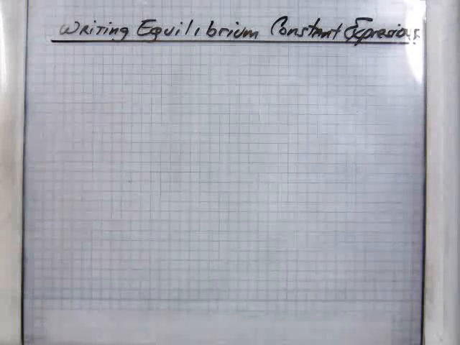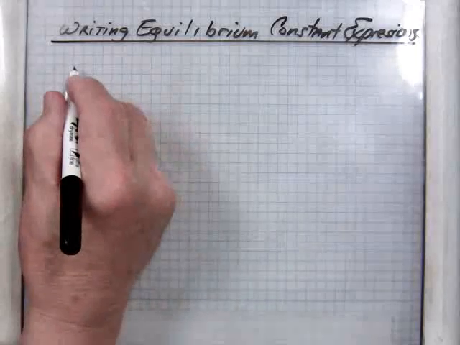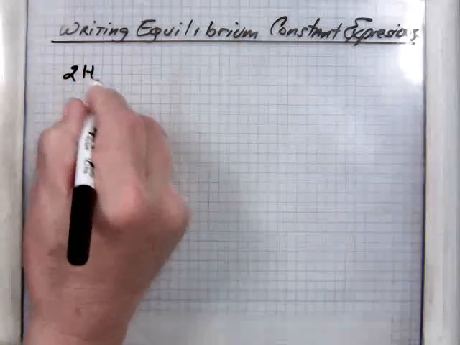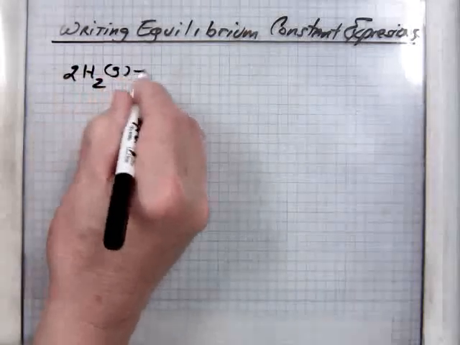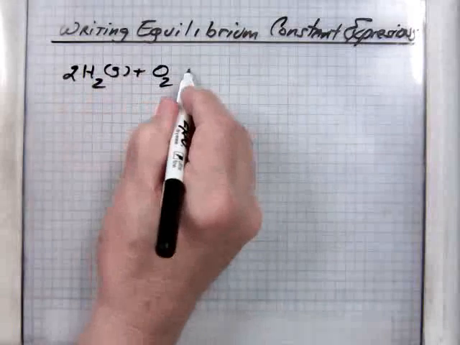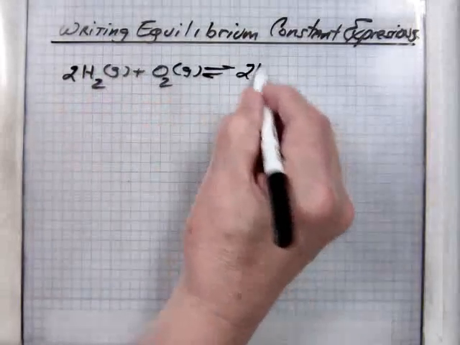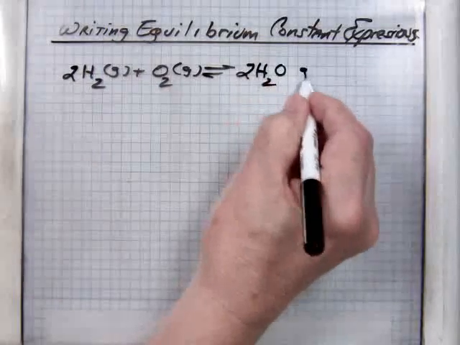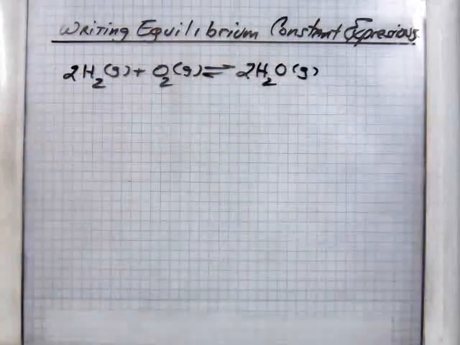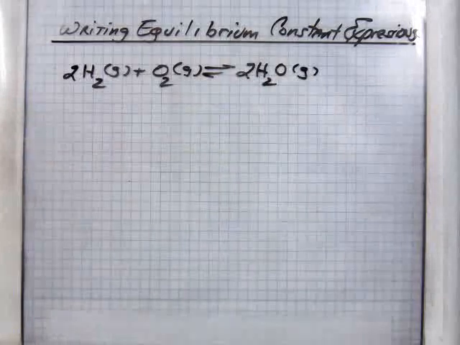So the first step in working equilibrium type problems, of course, is to write the reaction you're interested in. Say we have 2H2 as a gas plus O2 as a gas in equilibrium with 2H2O as a gas. So it's all gas phase. So we'll be working with a Kc value.